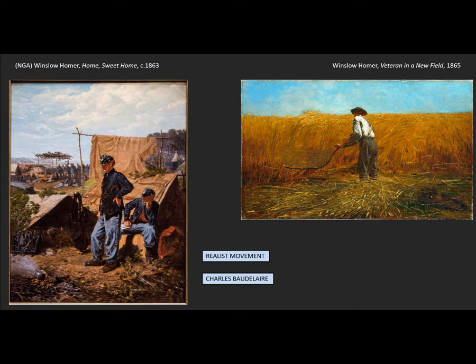Okay? So there's a renewed focus on modern life, on the plight of the rural poor at exactly this time. Right? The other thing that makes this a particularly momentous period is another thing that happens in 1848, which is the publication of the Communist Manifesto, all about class difference, class struggle, and the rights of the working man.